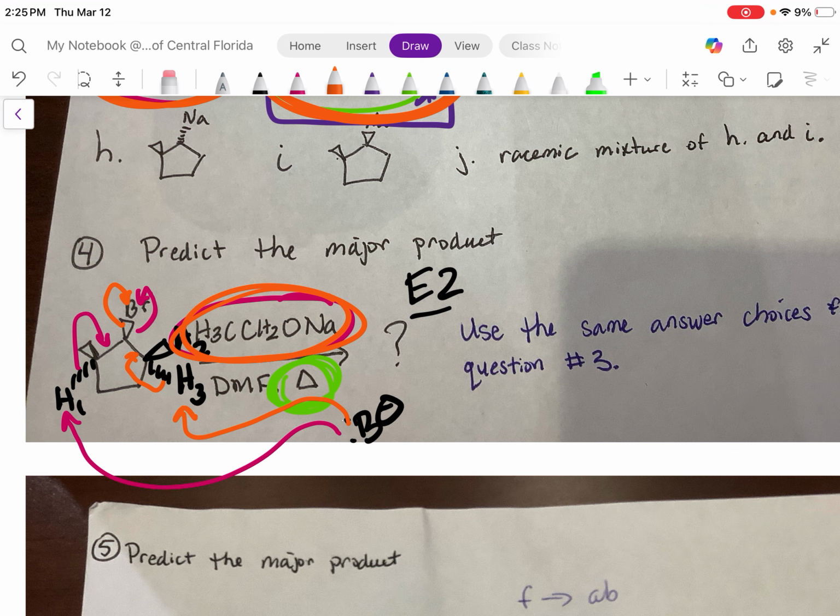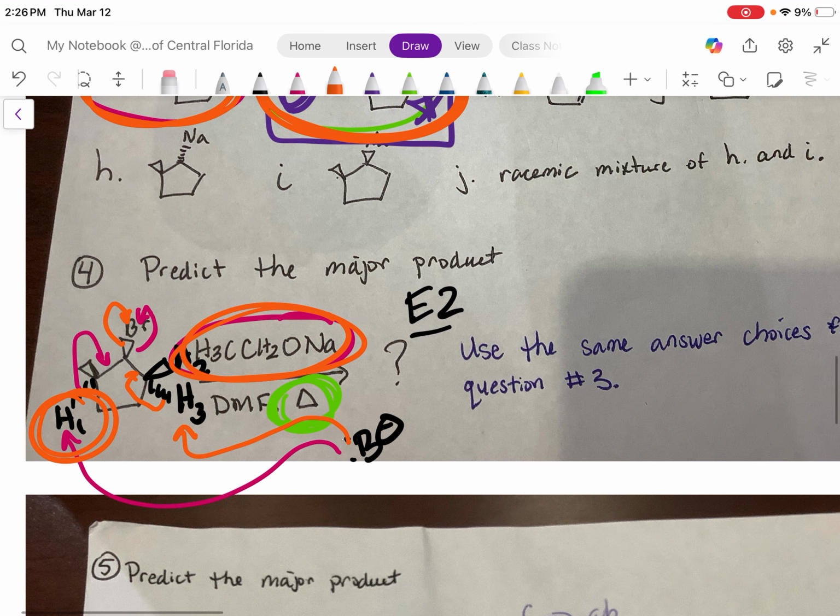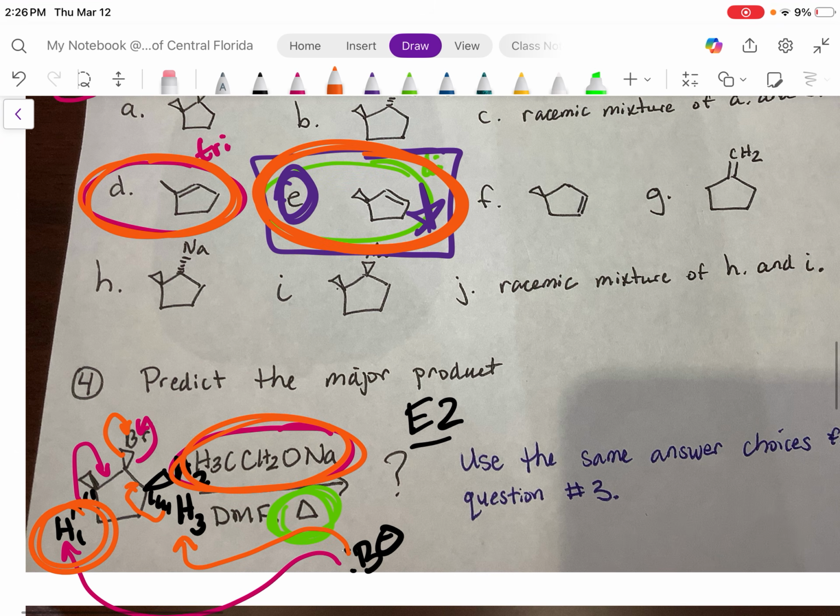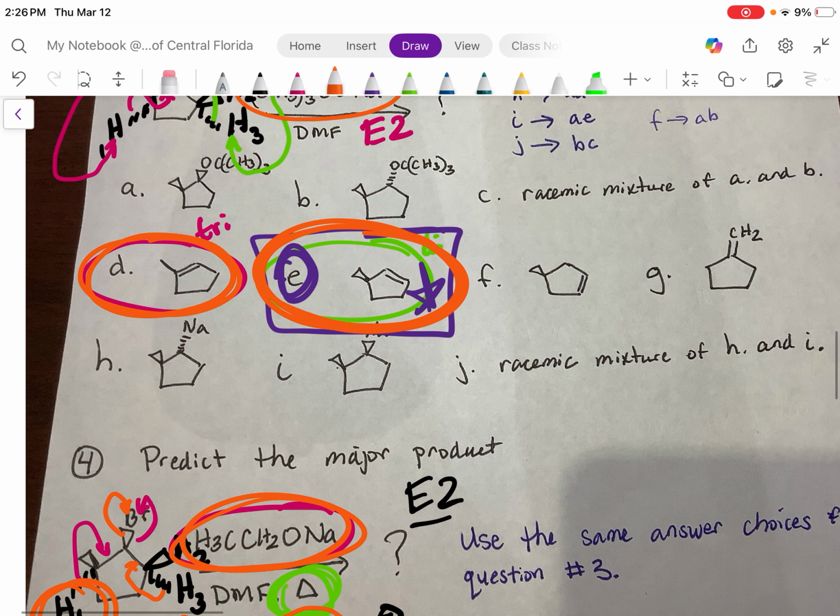But since the base can go for both, why would it not just give you more bang for your buck and give you the more thermodynamically favorable product? So it's going to favor H1. That's the proton that the base is going to prefer to go to. And so for problem 4, D would be the correct answer.